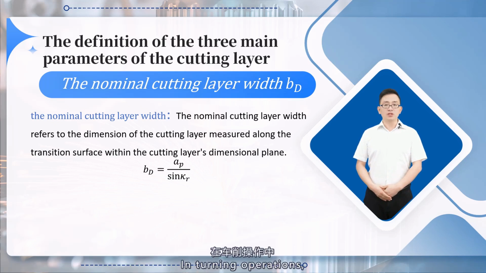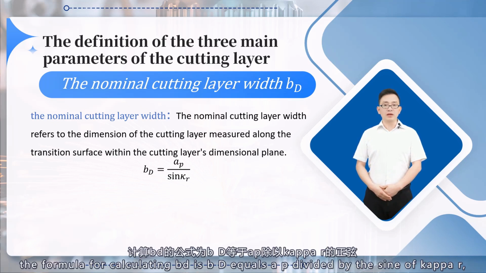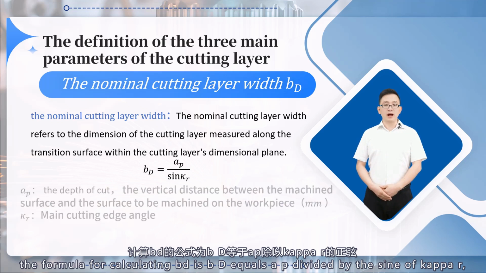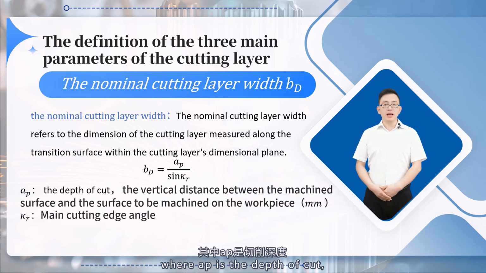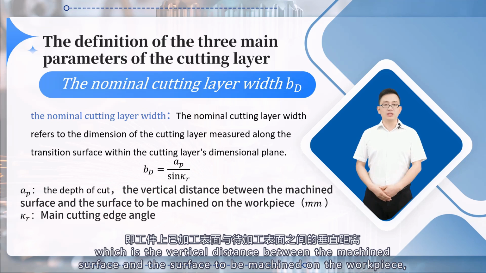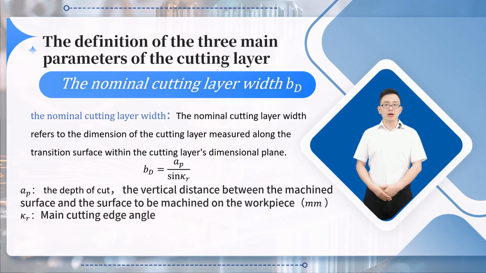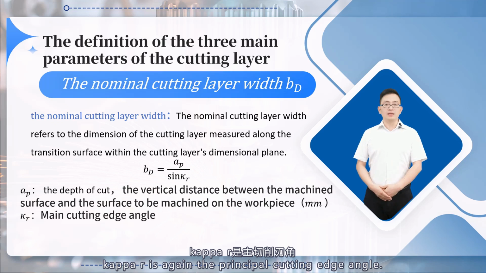In turning operations, the formula for calculating BD is BD equals AP divided by the sine of kappa R, where AP is the depth of cut, which is the vertical distance between the machined surface and the surface to be machined on the workpiece, measured in millimeters. Kappa R is again the principal cutting edge angle.